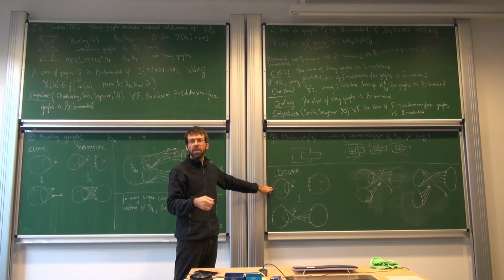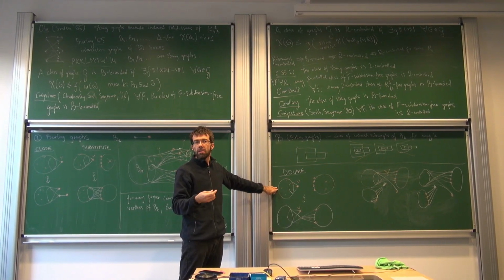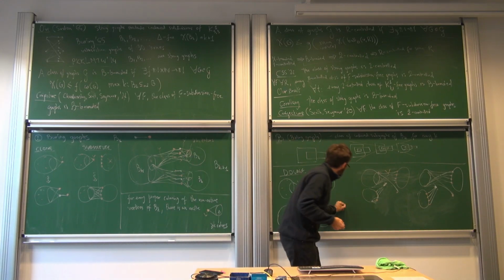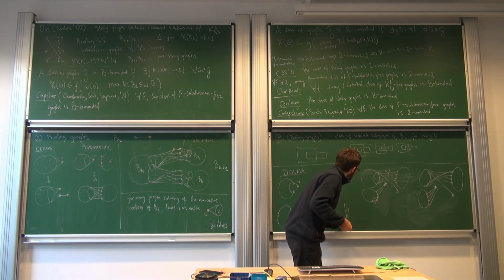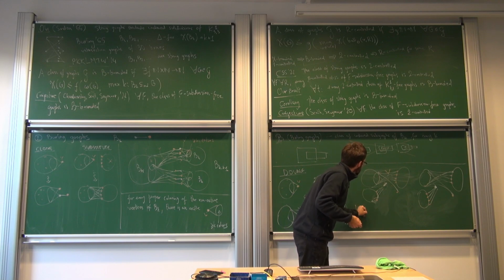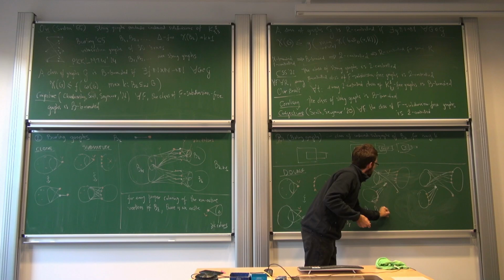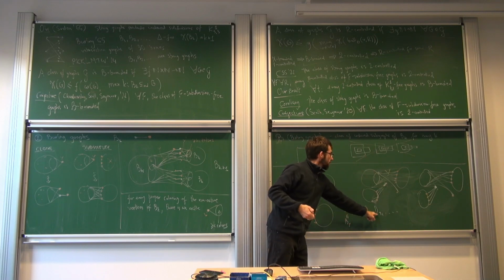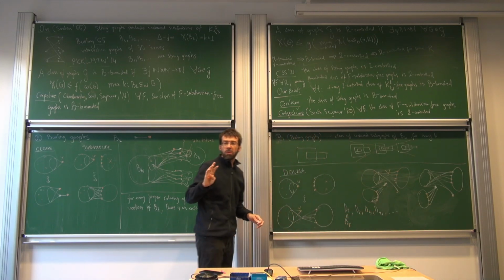Yes, so by this operation we can do that. We can start with, say, D1, and then get D2, D3, D4, and so on. Each of them is obtained by doubling the previous one.